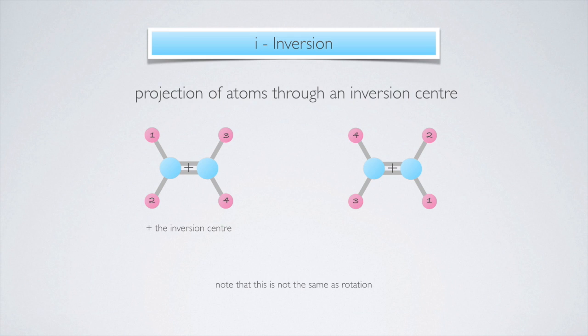Operating the centre of inversion moves hydrogen 1 to hydrogen 4 and hydrogen 4 to hydrogen 1. Similarly, hydrogen 2 goes to hydrogen 3 and hydrogen 3 goes to hydrogen 2, as you can see on the right hand side. And that applies to any molecule where there's a centre of inversion.